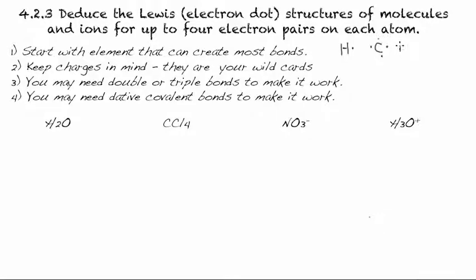The next one, nitrogen, is in group 5. So 1, 2, 3, 4, and then I don't have another side to put it on, so now I can start pairing up. I could have paired them up on any of the sides, but I chose the top. Oxygen's in group 6, so we go with 1, 2, 3, 4, and then 5 and 6.